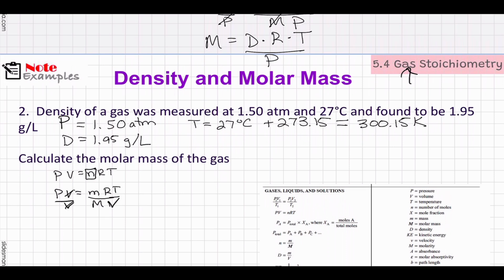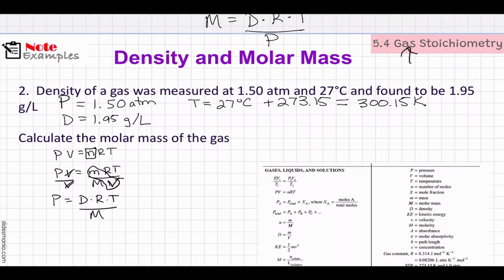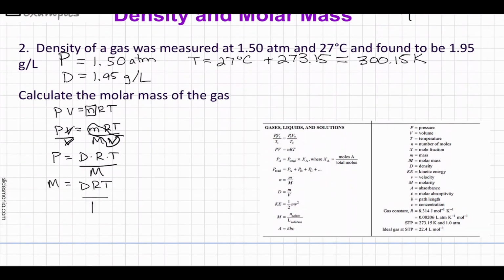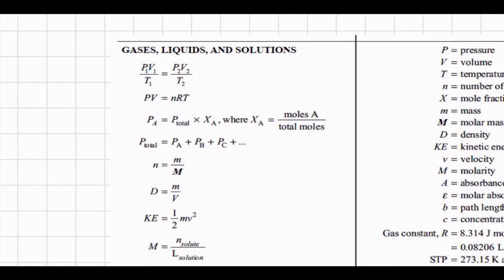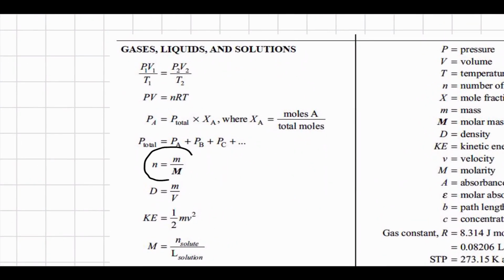And then I know pressure equals density times R times T over molar mass. And then lastly, I can rearrange, solve for molar mass. And that is what I'm going to use here. So just to show you on your formula sheet, those substituted variables are right here.